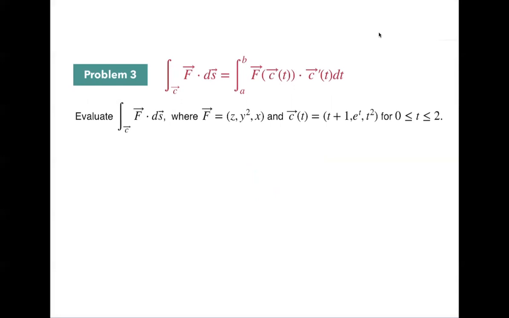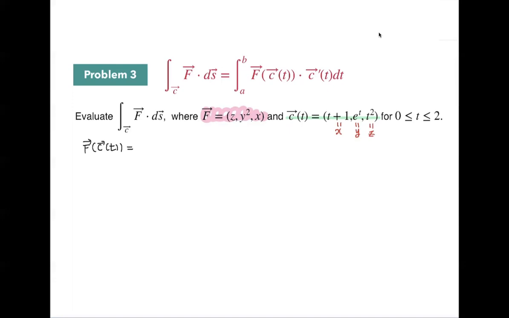First of all, we want to calculate the integrand. So our c of t is given by (t plus 1, e to the t, t squared). And we want to find first f of c of t. Since f is this one, we can plug in: x is t plus 1, y is e to the t, z is t squared.